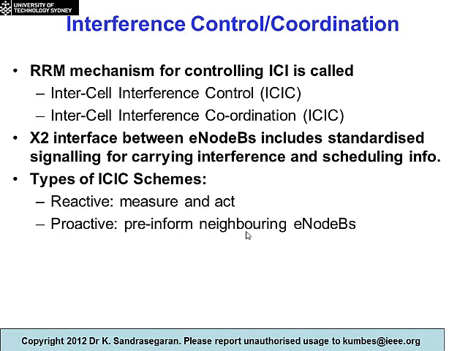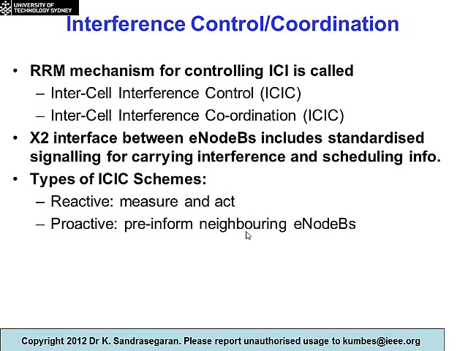So we have this X2 interface between eNodeBs, and this X2 interface can be used to carry some important interference and scheduling information. So if you know well ahead how your neighboring cells are going to schedule their resources, how they're going to use the RBs, then we can use that to determine how to minimize their interference.